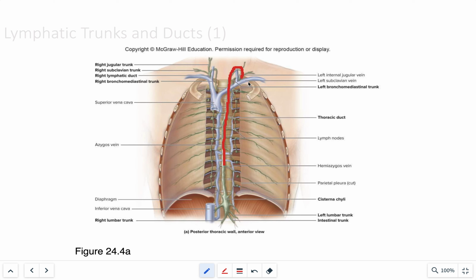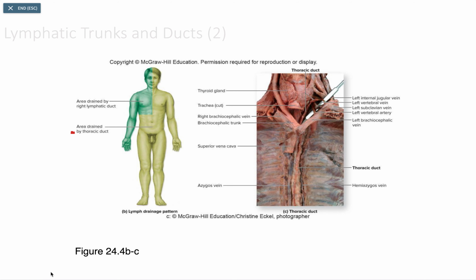Since it is the largest, you can see that it's going to drain the majority of the left side of the head, left upper arm, the majority of the torso, and the lower appendages.